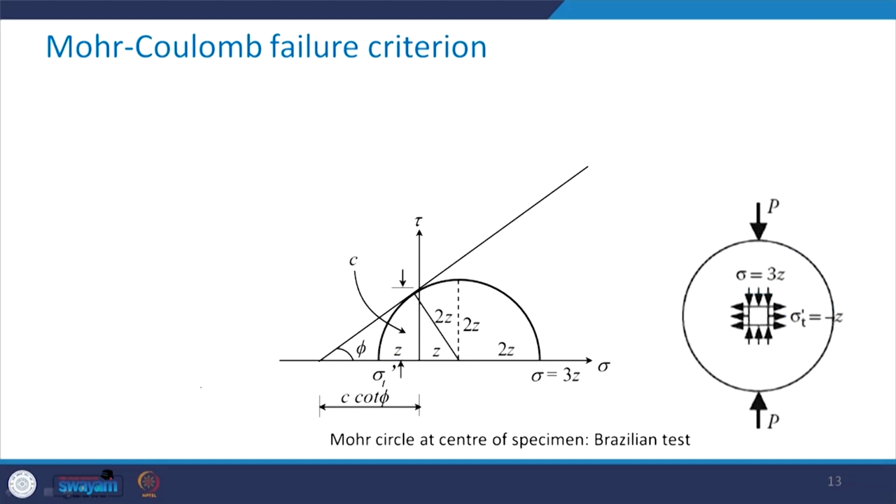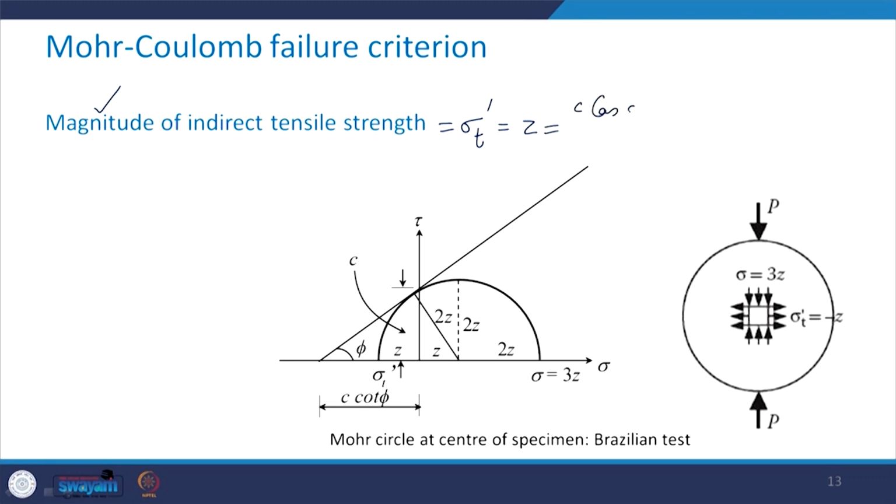Now what will happen to the magnitude of the indirect tensile strength? This is going to be sigma t prime, which is equal to z. I am talking only in terms of the magnitude, therefore I am not putting a negative sign here. We just derived it: C cos phi divided by 2 minus sine phi.